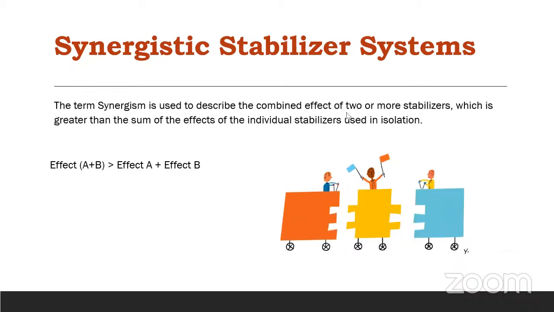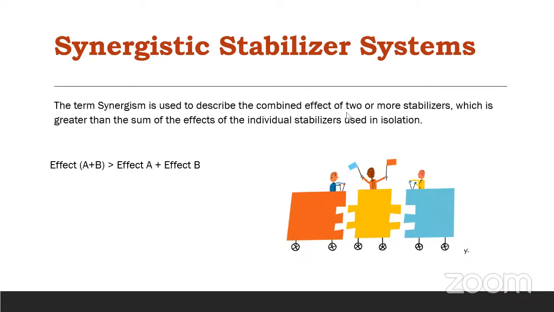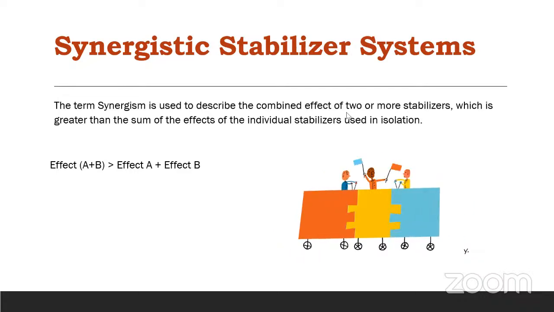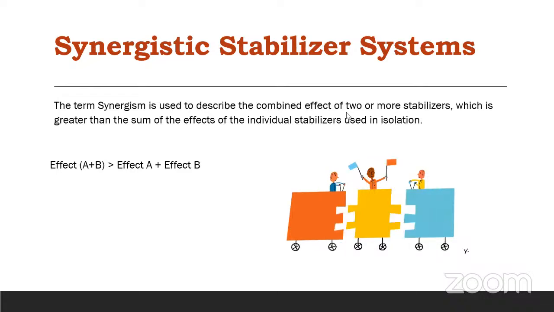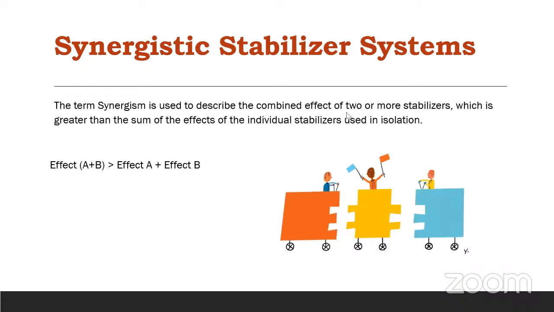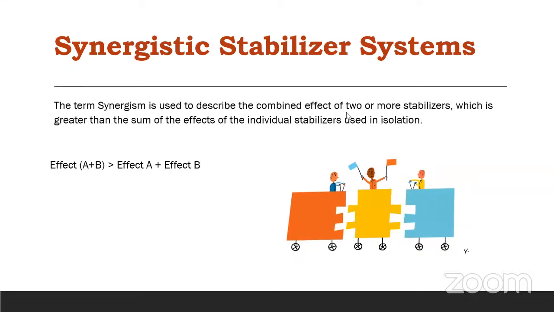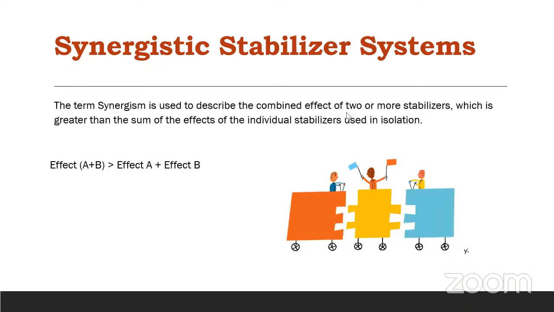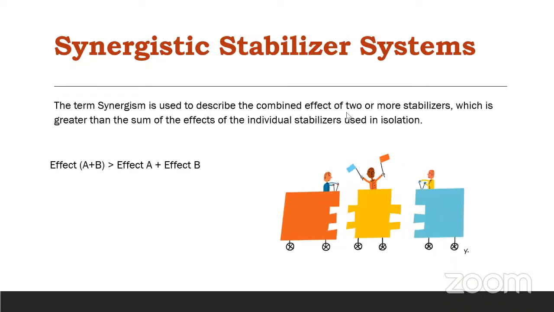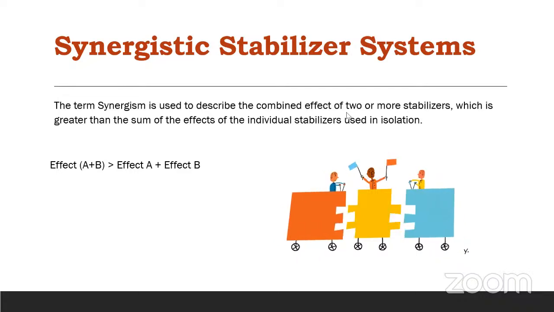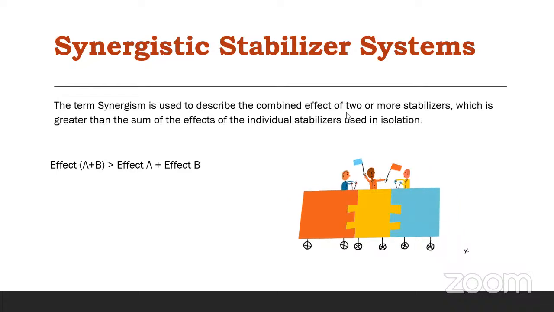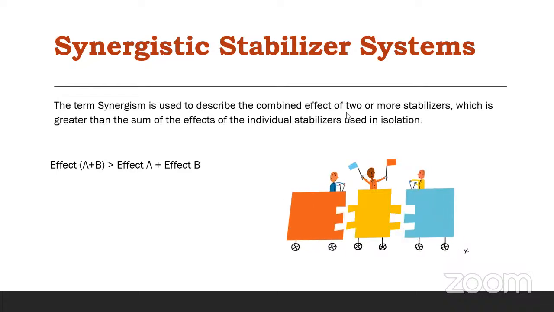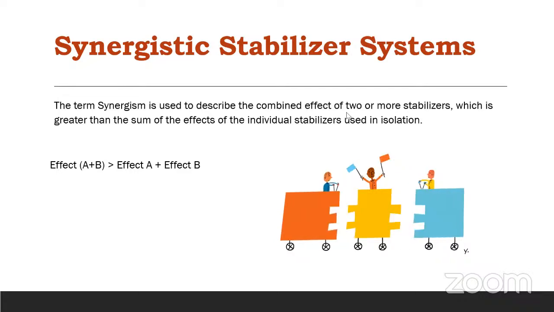Let's say you are using stabilizer A and stabilizer B. When you use them together, the effect you get will be much higher than what stabilizer A alone or stabilizer B alone would have given. This synergistic effect can be achieved by using two or more stabilizers.